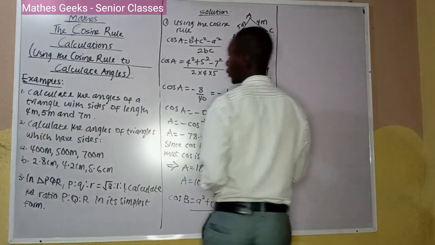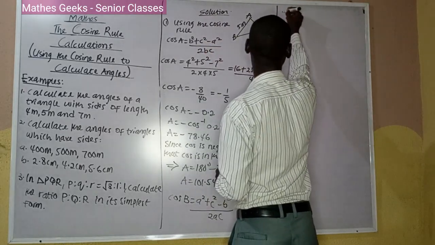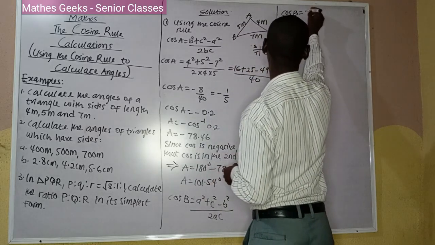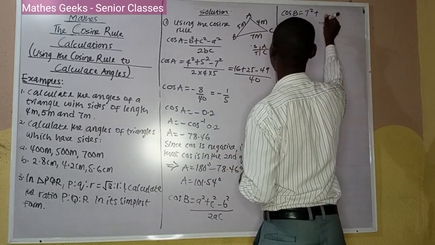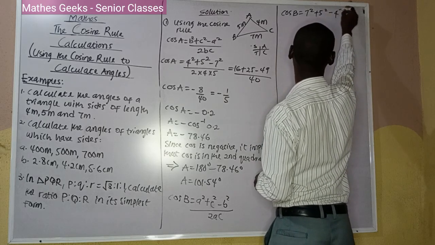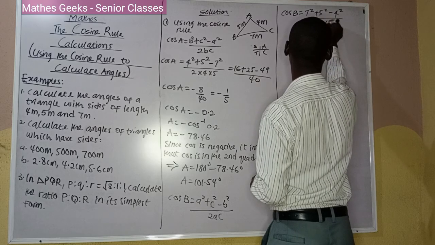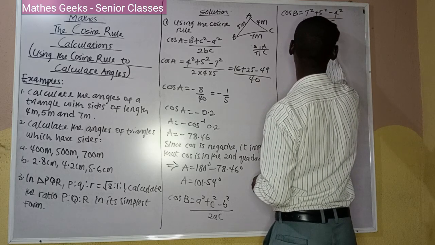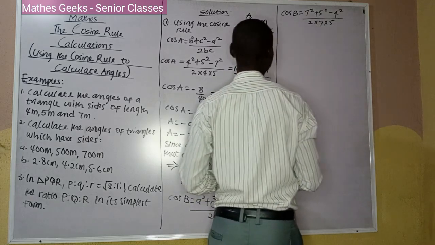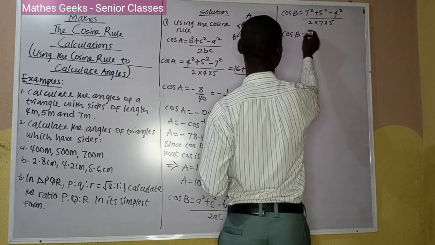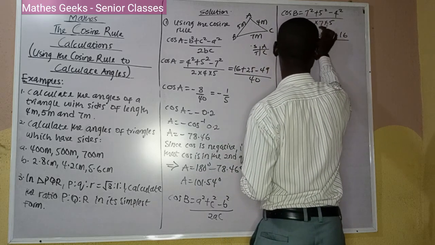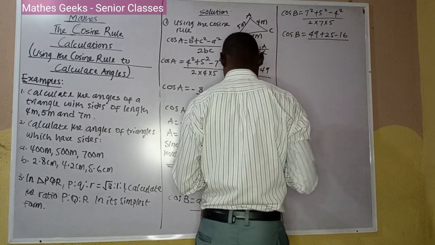Substituting into the formula, cos B equals 7 squared plus 5 squared minus 4 squared over 2 times 7 times 5.